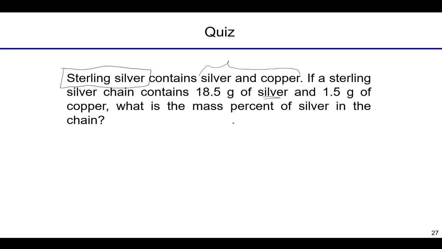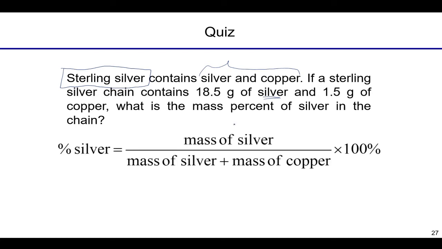We're just going to literally plug this into the formula we just talked about. Maybe inherently you know how to do this, but let's slow down and actually look at what is the percent of silver. According to our formula, it's the mass of that one thing, which is going to be 18.5 grams of silver, divided by a total mass. And the total mass is all the things in the sterling silver.